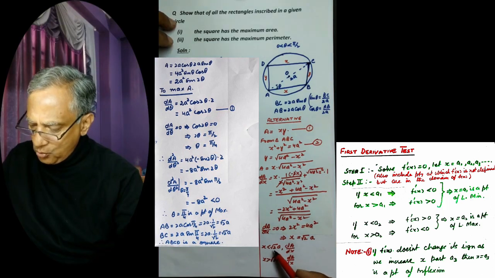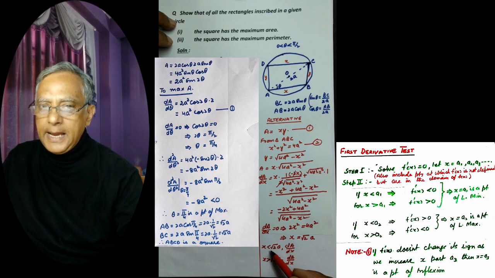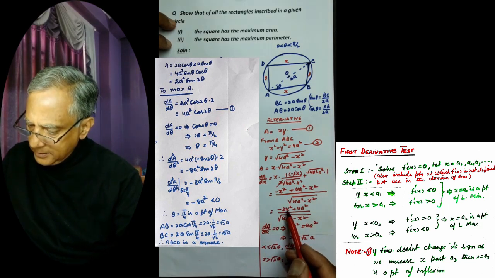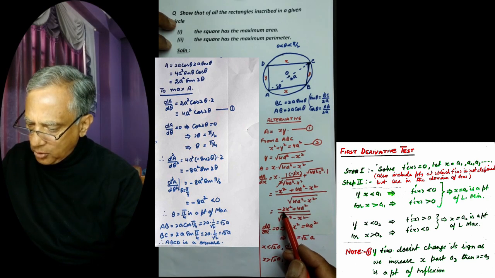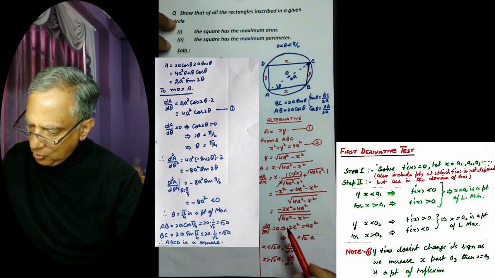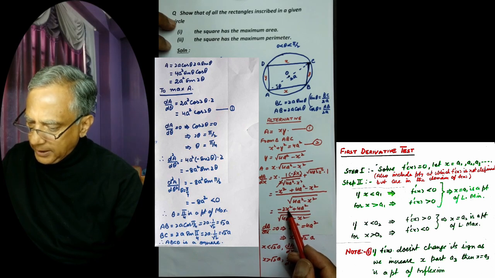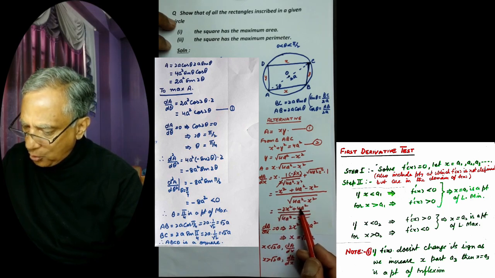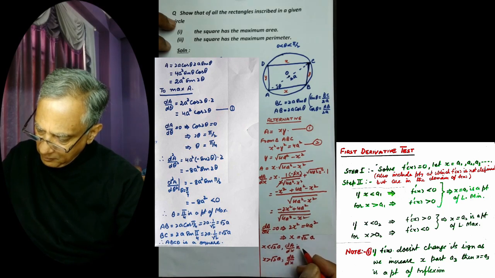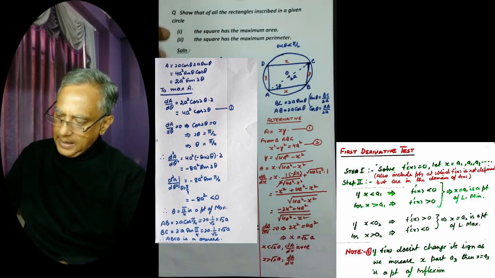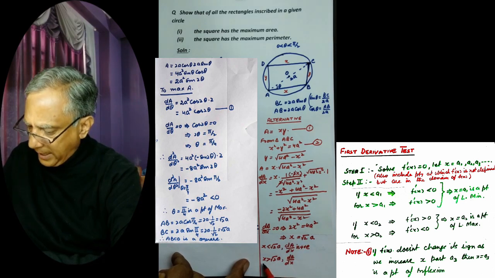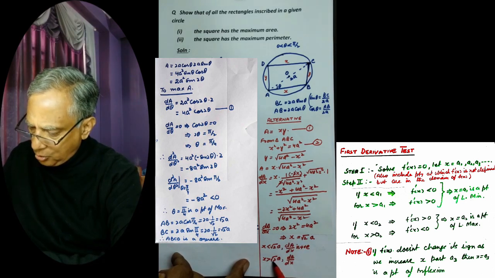X is less than root 2a, therefore x square is less than 2a square. Therefore 2x square will be less than 4a square. Therefore this will be positive.